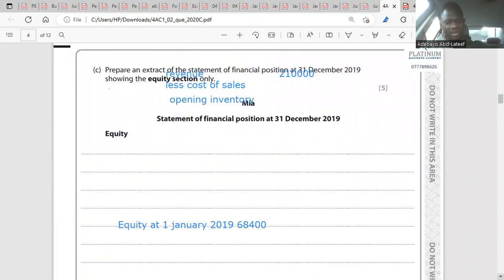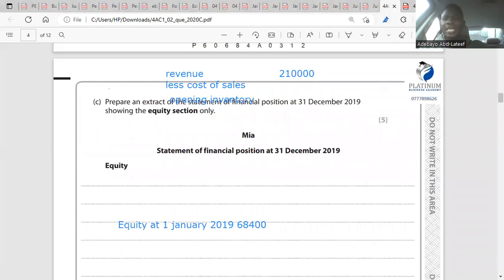Are you with me? Yes. So 10% of 210,000 is 21,000. So I add 21,000 to the 78,400. So it gives you 99,400.